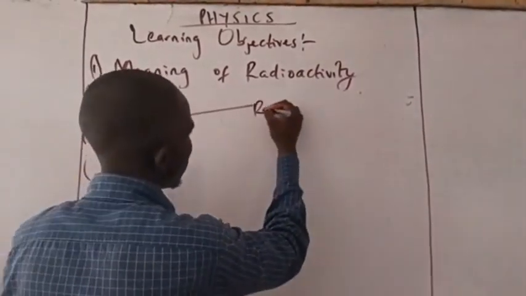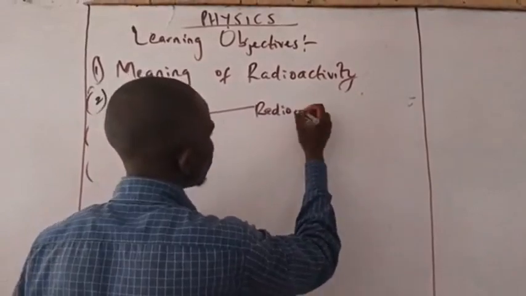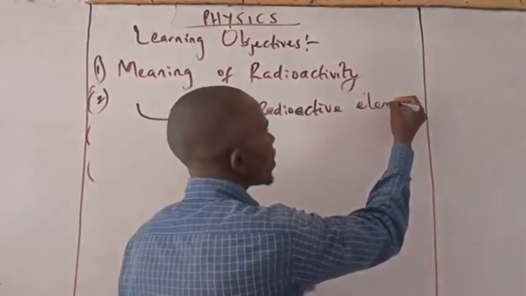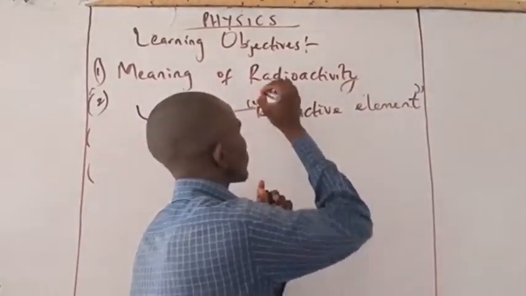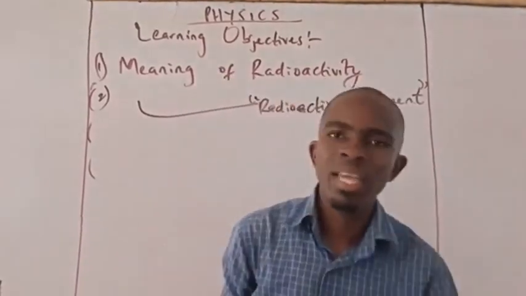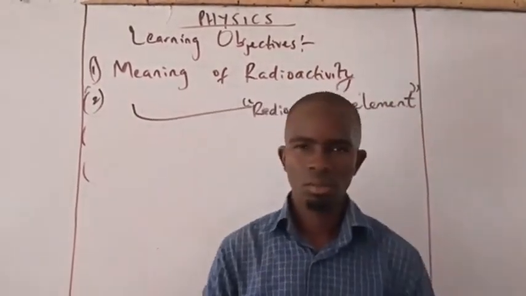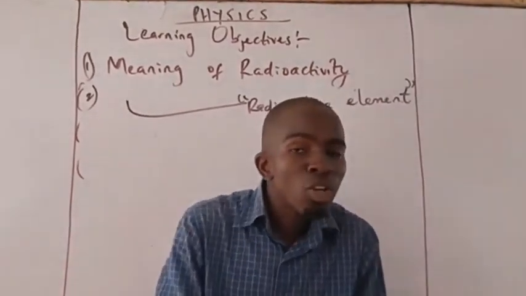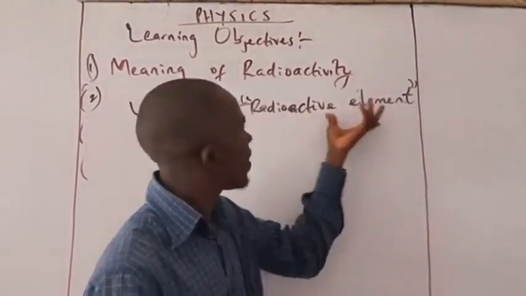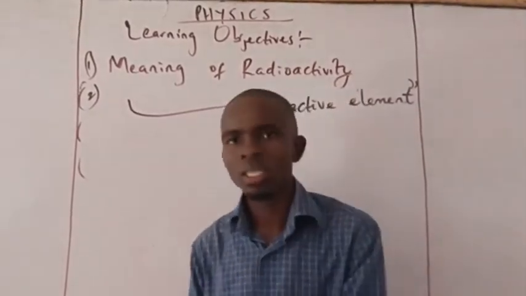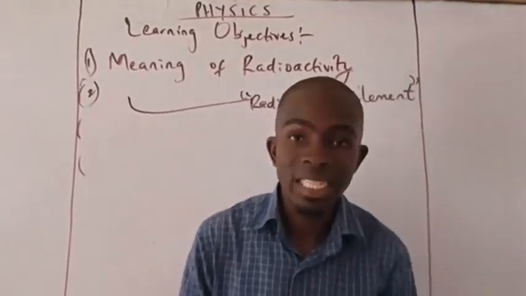What is the meaning of radioactive elements? Radioactive elements are elements that undergo radioactivity. So it means their nucleus are not stable. So where can we find these elements? They are found in period 6 and period 7 in the periodic table.